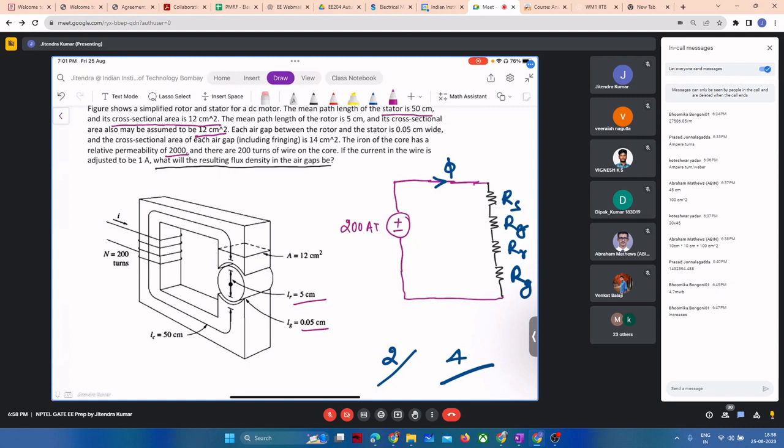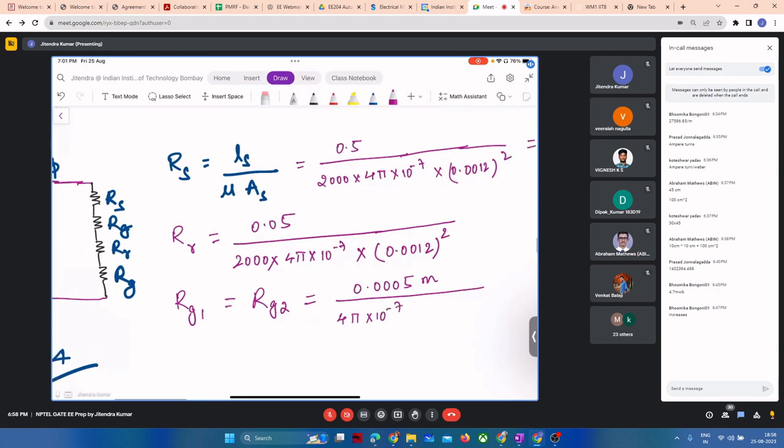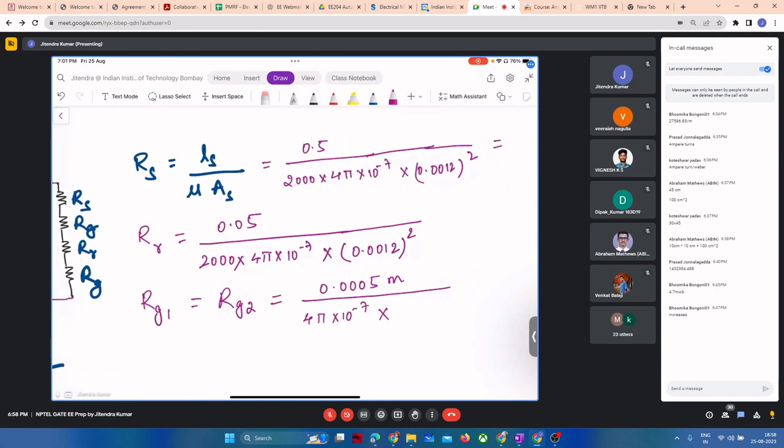Actually I don't think we need to identify it since it is also provided in the question. It is 14 centimeters square. So the length is 0.0005 meter divided by 4 pi into 10 raised to power minus 7, because we do not have to take relative permeability since it is an air medium. The area is 14 centimeters square.